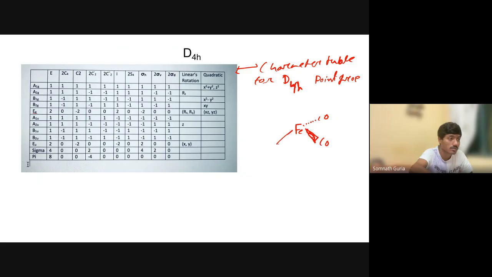We have CO over here, CO over here, and Cl. So this is D4h.